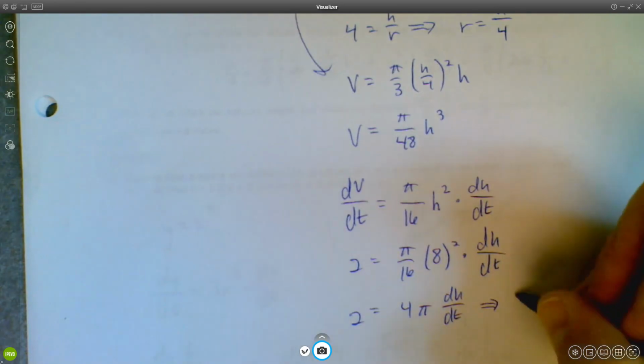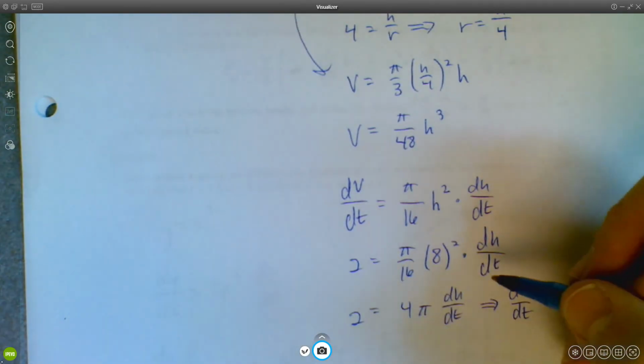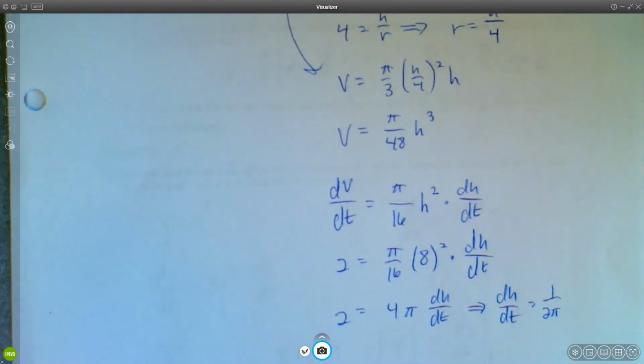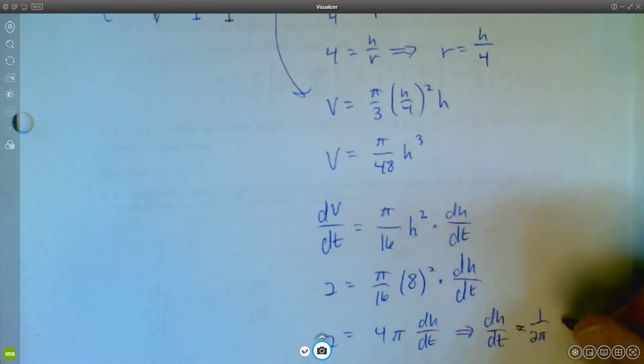That means that dh/dt is 2 divided by 4 pi, or in other words, 1 divided by 2 pi. So it's 1 over 2 pi. And this should be centimeters per second, right?